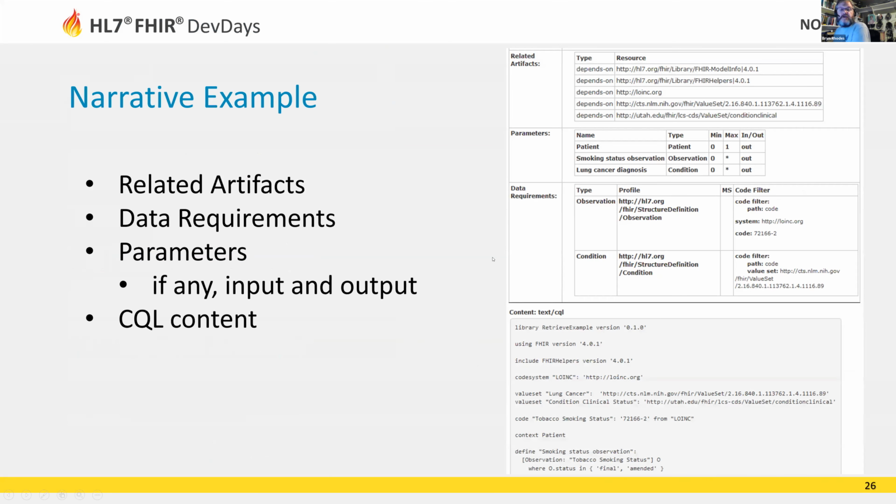This is a narrative example. Basically all of the elements that are relevant for related artifacts, parameters, data requirements, and the text CQL become part of the narrative of that library resource. So when that's published in an implementation guide, you can see immediately what the content of that library is.